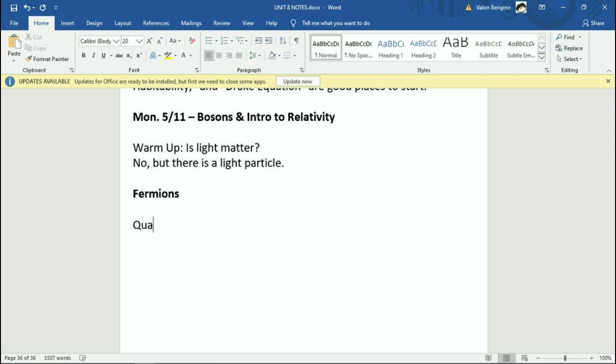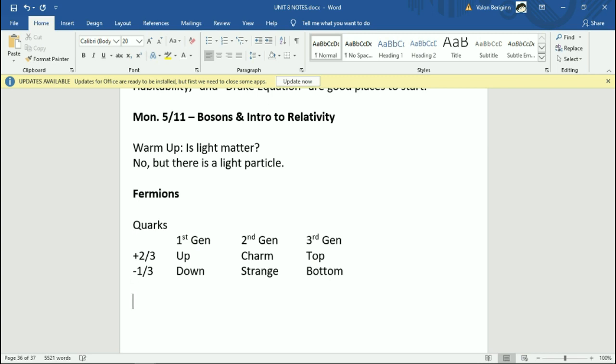So we had quarks, and there were three generations of them, and then there was a plus 2/3 charge and a minus 1/3 charge. And so you had an up quark, a down quark, a charm quark, a strange quark, a top quark, and a bottom quark.